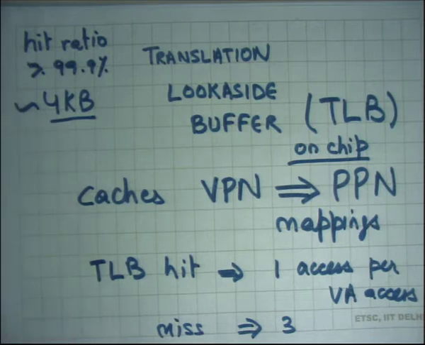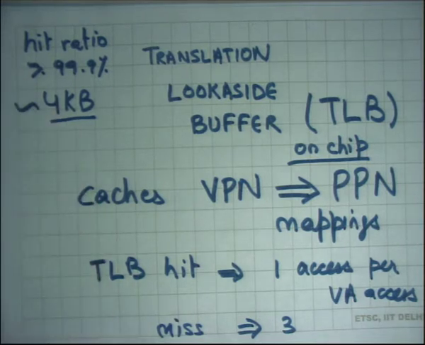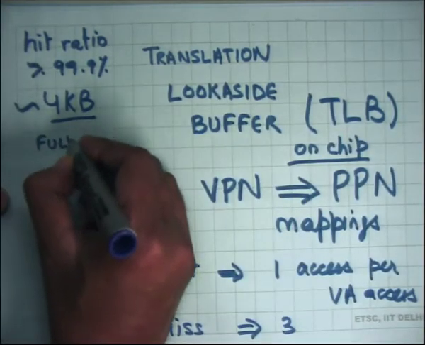When we talk about caching, we should also say what its cache replacement policy is, what its associativity is, and whether it's a write through or a write back cache. You have seen all these terms in your computer architecture class. Firstly, what is its associativity? Typically the TLB is a fully associative cache.